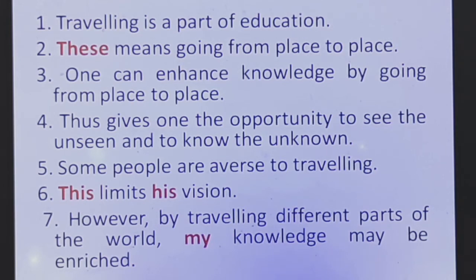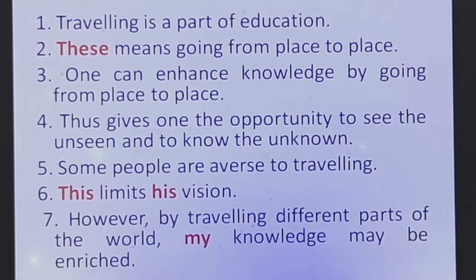The first sentence reads, traveling is a part of education. And there is no problem with this sentence. But if you go to the second sentence, it reads, these means going from place to place. If you look at the subject of this sentence, the subject is in plural form.